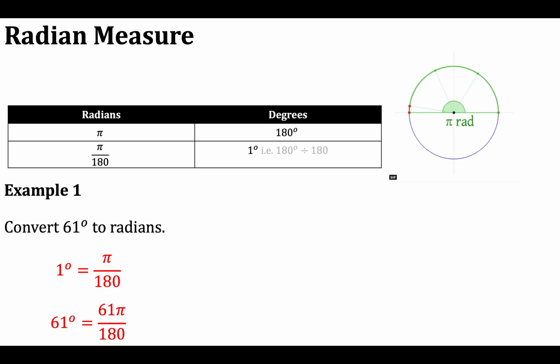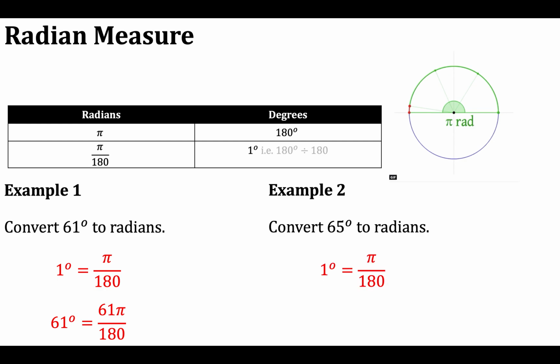We'll have a look at a second example now, and this time we're converting 65 degrees to radians. So again, starting off with the fact that we know that 1 degree is pi over 180, so 65 degrees must be 65 pi over 180.